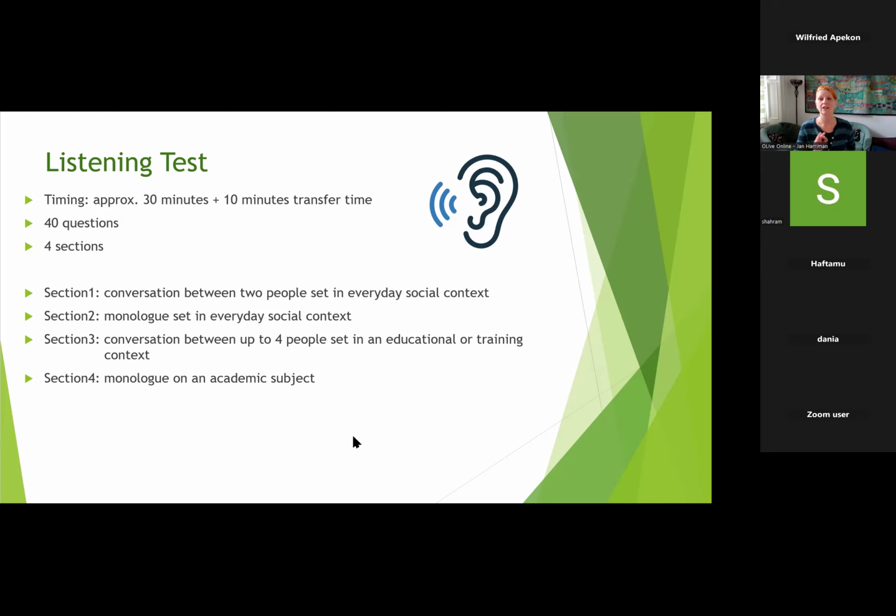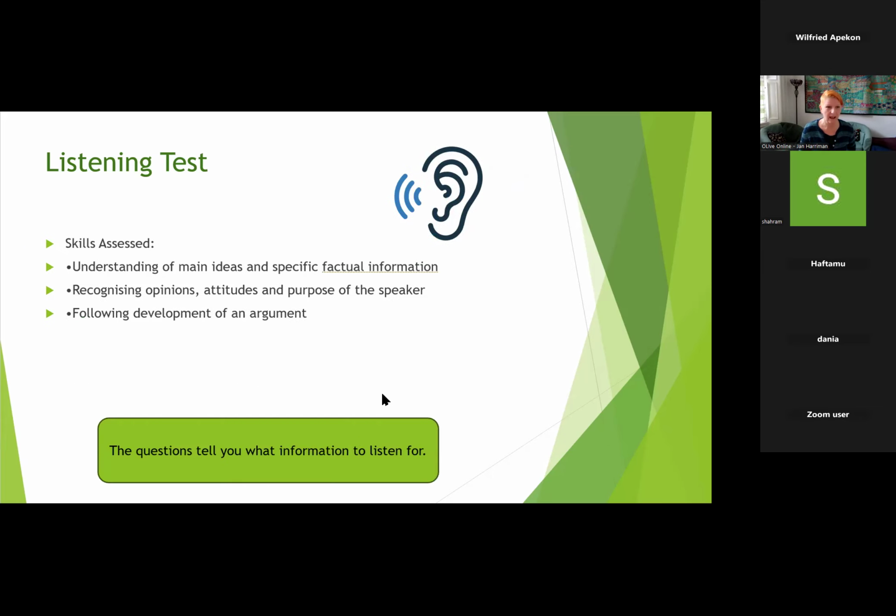Once again, general language aimed at a novice or general audience, no specialist language used. So you'll be asked to listen for detail, listen for ideas, and recognize opinions. The questions are, again, the most important part. They tell you what you're listening for.